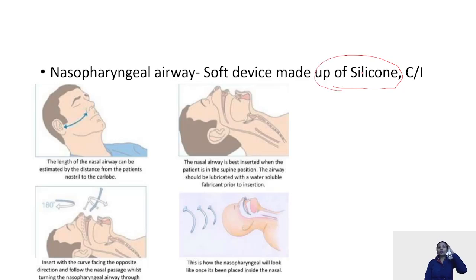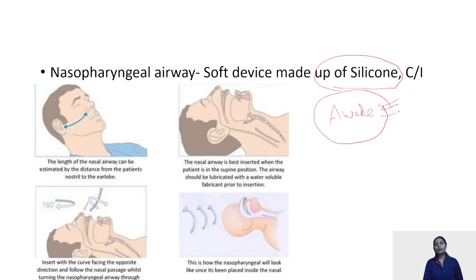Now, as I've told you, oropharyngeal airways cannot be inserted in patients who are conscious or awake because it's going to irritate and the gag reflex is going to come. This is in contradiction to the nasopharyngeal airway. The best part of NPA is that you can use it in awake patients also because it is very well tolerated.